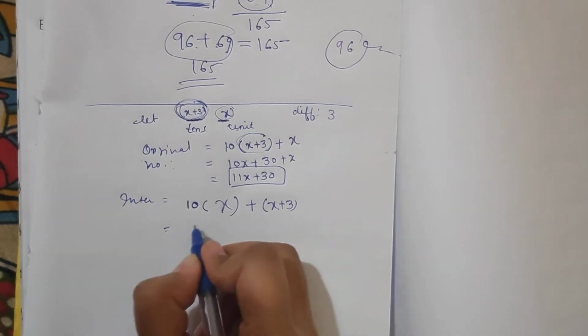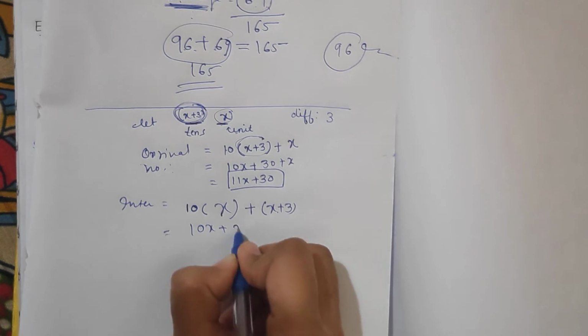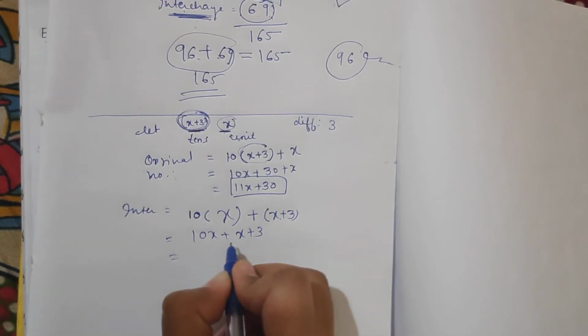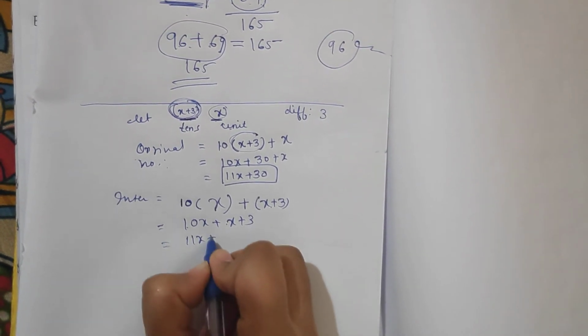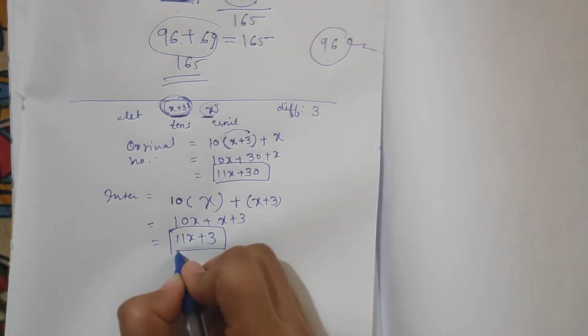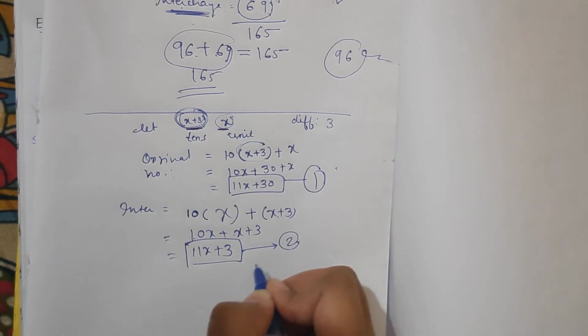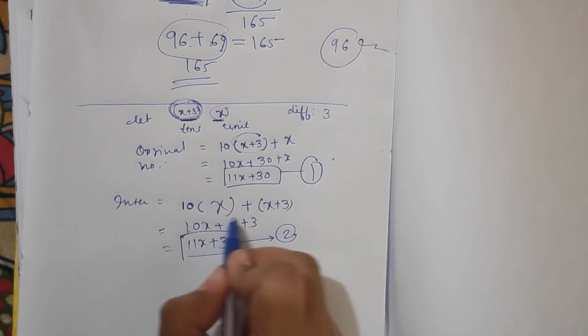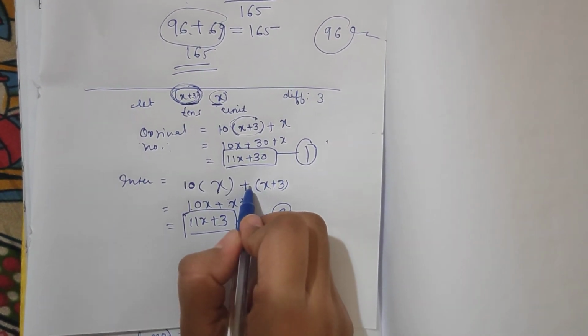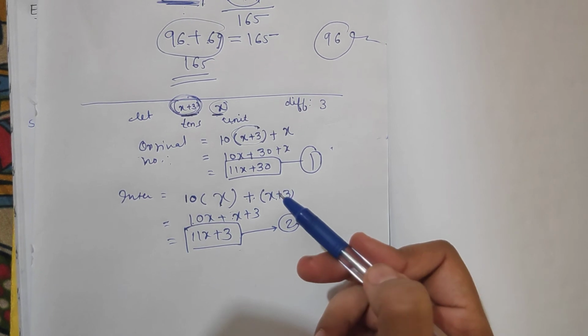Opening the bracket, it will be 10x plus x plus 3, that is 11x plus 3. So this is our original number, and this is the number we get after interchanging the digits. This part is very important, see it very carefully.